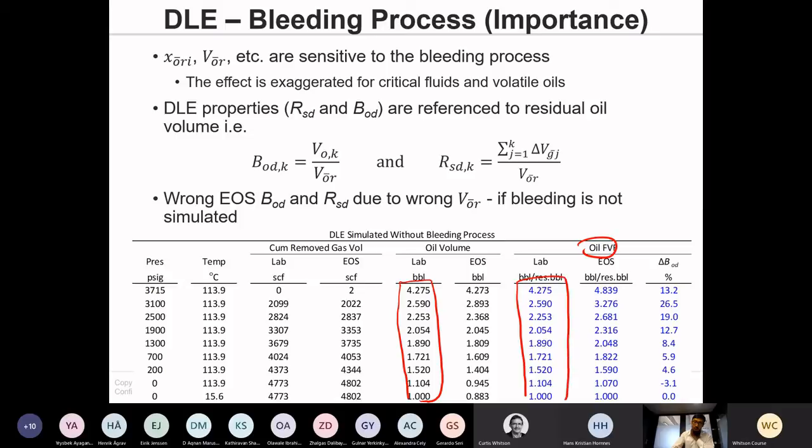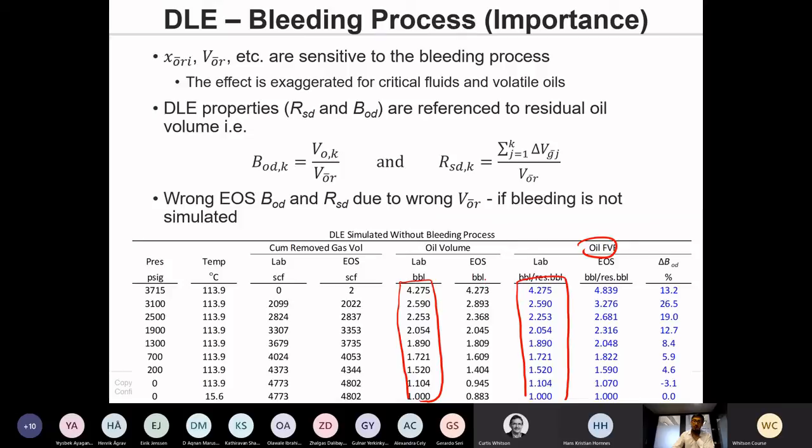The oil volumes and oil formation volume factor from the lab are the same because we are assuming 1 barrel of the residual oil.